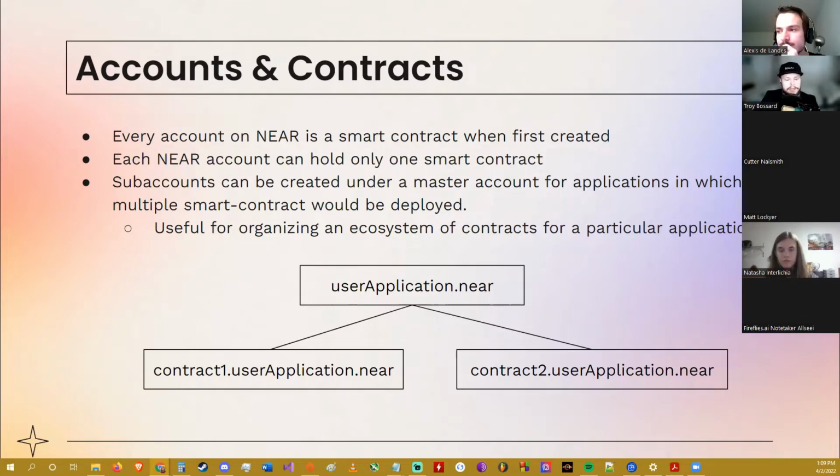So for instance, you might deploy a contract under userapplication.near, and some subcontracts within that ecosystem could be named contract1.userapplication.near, contract2.userapplication.near, et cetera. And this could be basically a contract management solution for a decentralized application that you might be thinking of launching on the Near protocol.